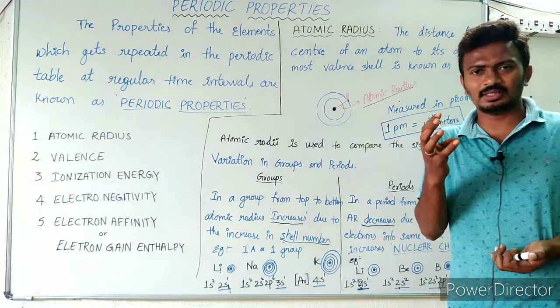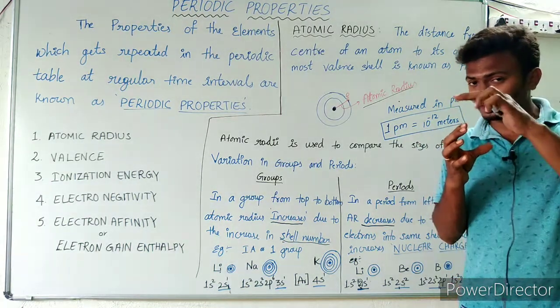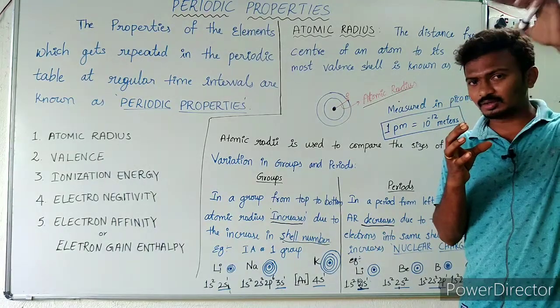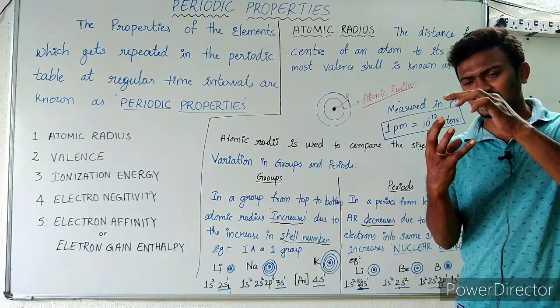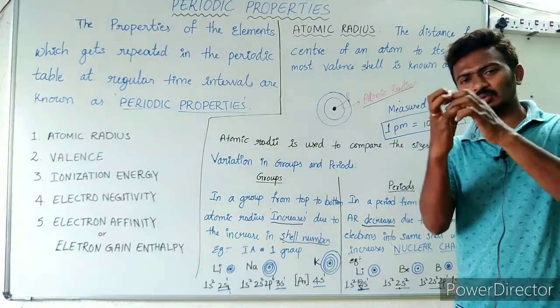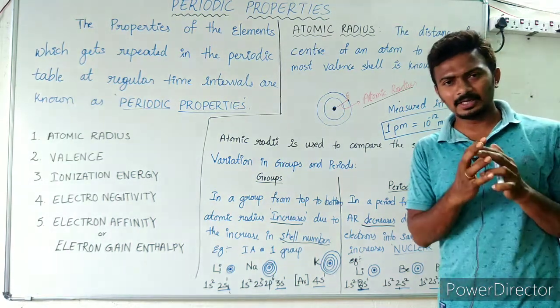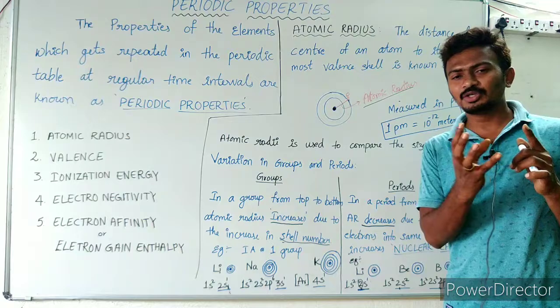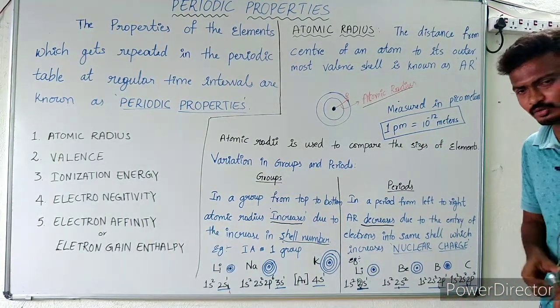The positivity of the nucleus will increase. But the electrons are entering into the same shell. The shell numbers are not increasing. The shell number is the same. So with the increase in the nuclear charge, the nucleus will have more ability to attract these electrons towards itself. Therefore, in a period from left to right, the nuclear charge increases, which pulls the electrons strongly towards itself.